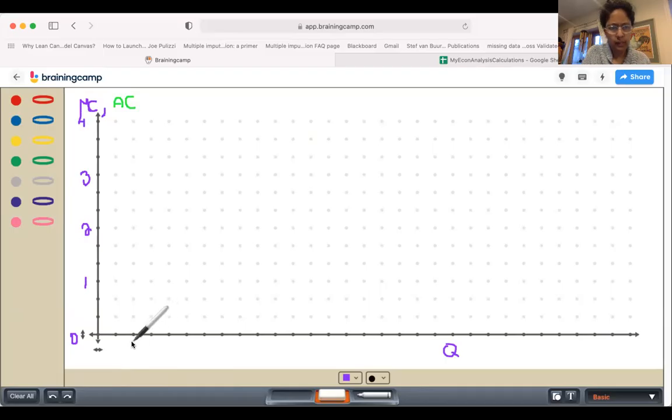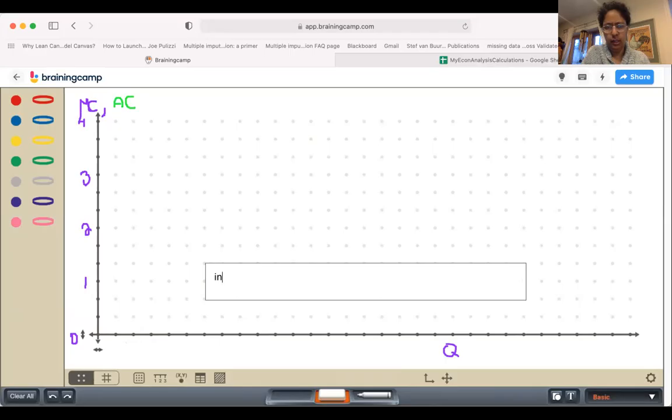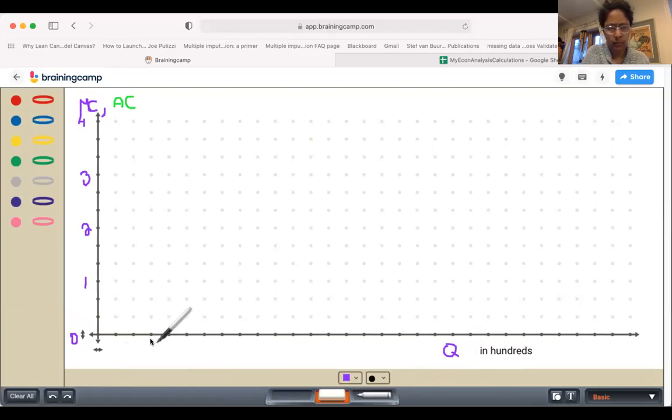And my quantities, 100. I'm going to have my quantity in hundreds just to stop myself from having to write hundreds. I'll do 1, 2, 3, 4. Am I doing that every 3? To make sure I've got this kind of to scale so it looks a little bit right.